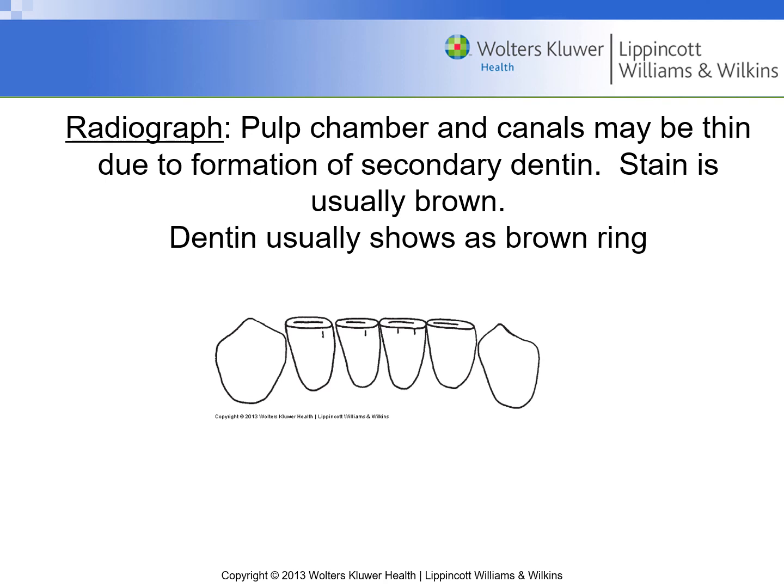Pulp chambers and canals may be super thin due to the formation of secondary dentin. So we have enamel covering the dentin, right? And when a tooth is getting a lot of abrasion, being kind of assaulted in a way, and the enamel is being worn away, your body tries to protect that particular spot, so it will make thicker and thicker dentin to help protect.